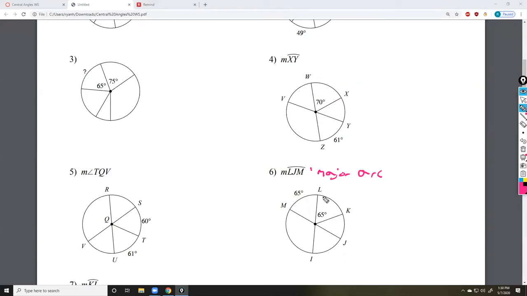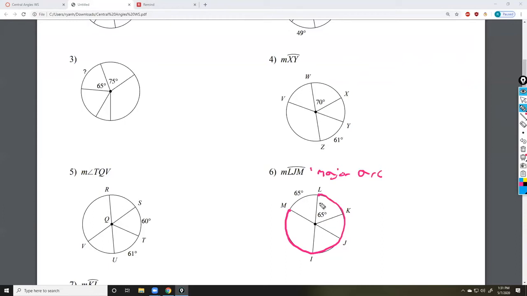Normally, if I'm going from L to M, I would go from L straight over to M. But the major arc, my 3 letters, says that I have to travel the long distance all the way around to get to M. So I start at L, and the J being in the middle says that I have to go through J to get to M. So L, trace all the way around, passing through J on my path to M. So it traces out the path. If I just wanted the smaller one, I would just say LM, and that would be my arc.